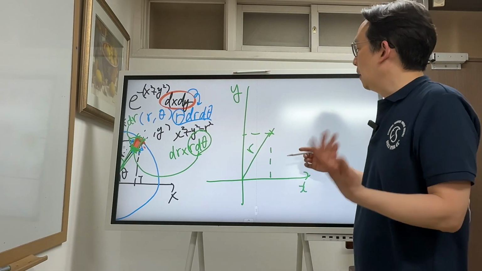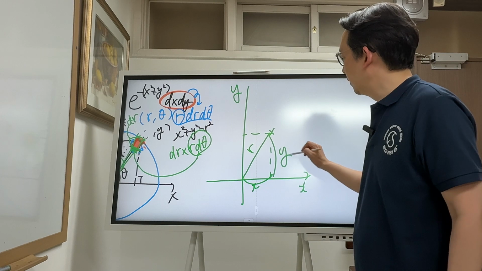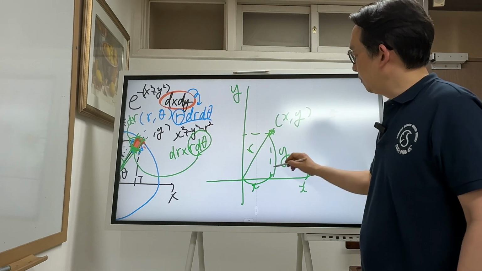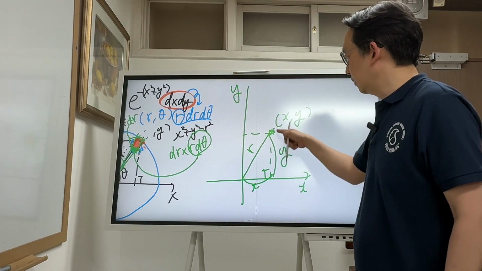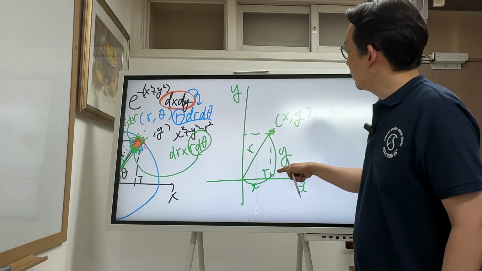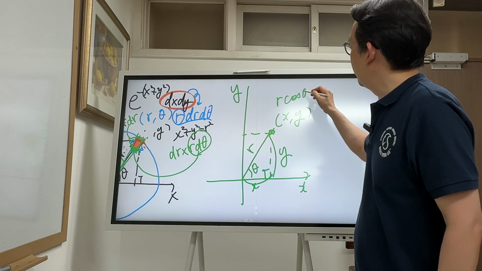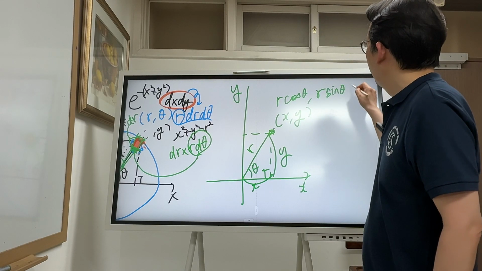The x is over here and y is over there, and this is a right angle, perpendicular. Then x will be r cosine theta, and y will be r sine theta.